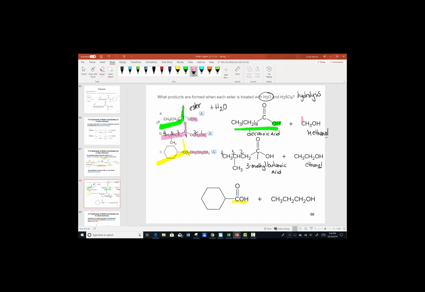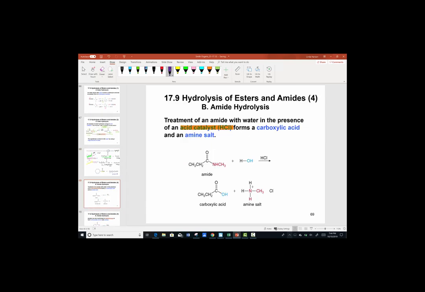Here is the alcohol portion, and so we had 1, 2, 3. That is called propanol. Not too bad.